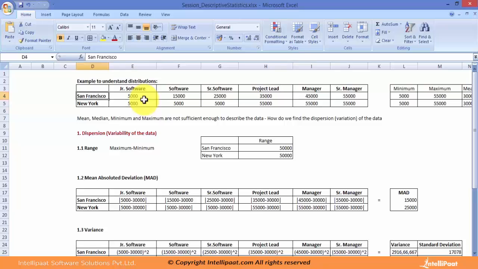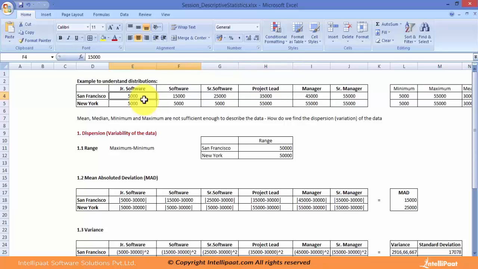Now, if somebody asks you to profile this data, meaning the salaries of these people, what do we want? First, the minimum salary of the company in San Francisco is 5,000, and the maximum salary is 55,000.